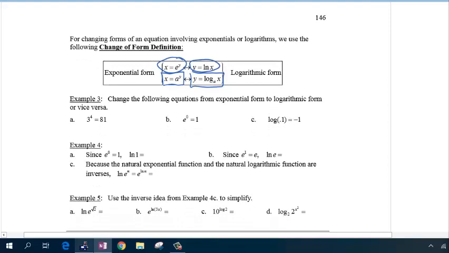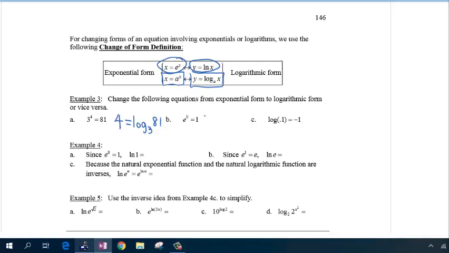Can you change the following exponential equations to logarithmic equations? The idea, of course, is that the logarithm is always an exponent. So I look at the exponent of 4 and I say 4 is equal to log, and what's that small little a? That's the base. In this case, the base is the number 3, and the result is 81. So 4 equals log base 3 of 81.